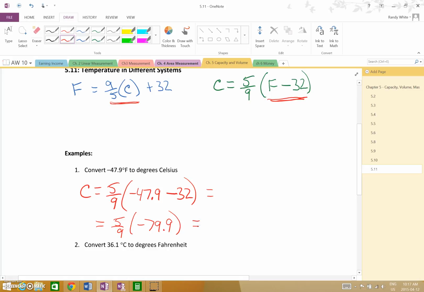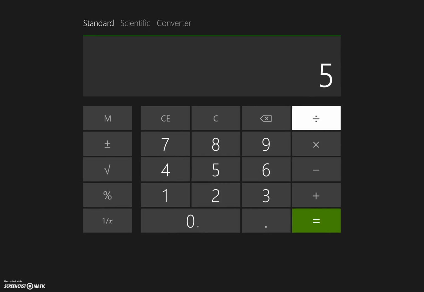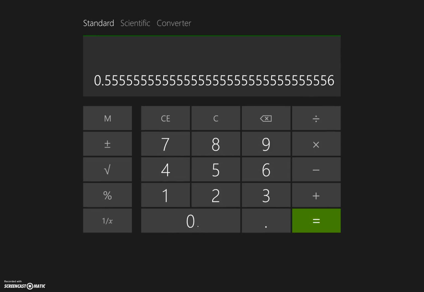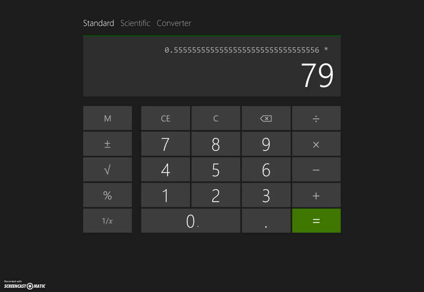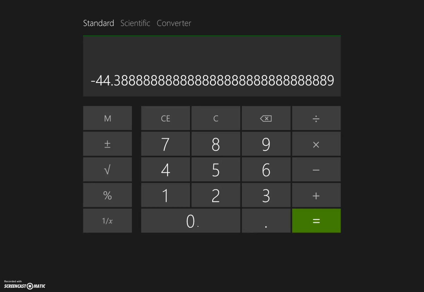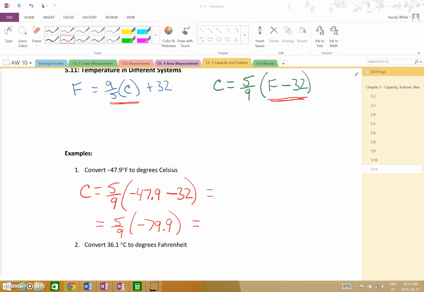And then I multiply that by 5 divided by 9. So I'm going to go 5 divided by 9 equals, times 79.9, which is negative. So minus 44.4, we'll say.